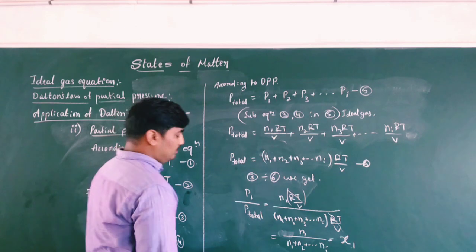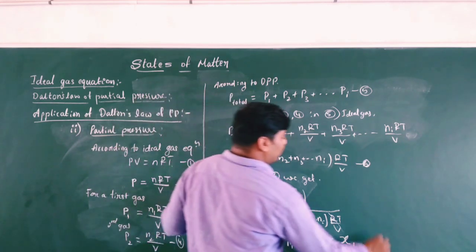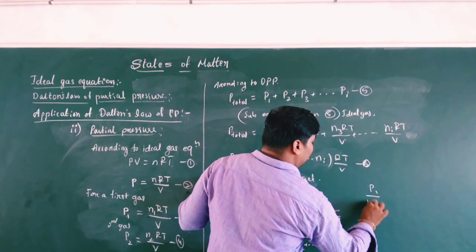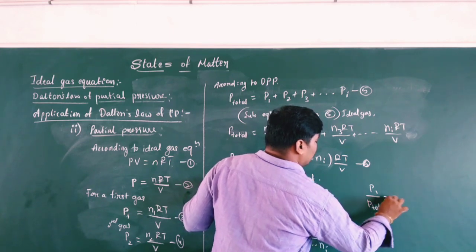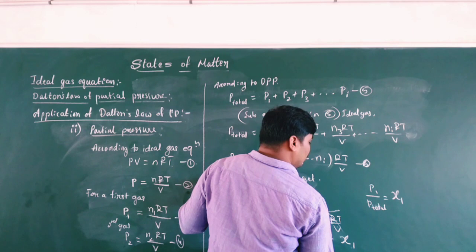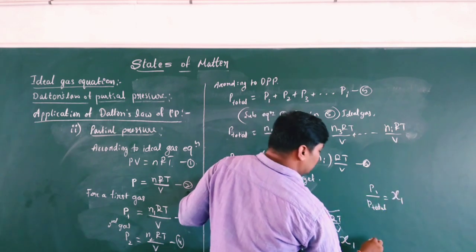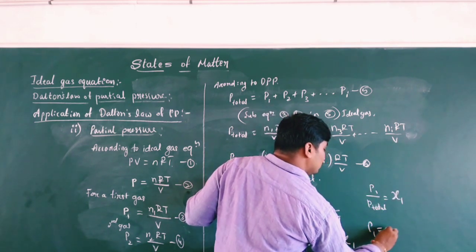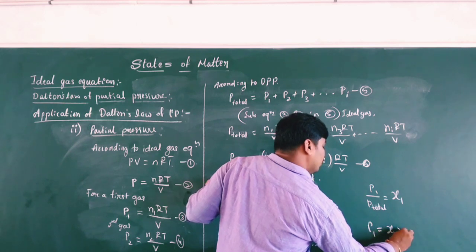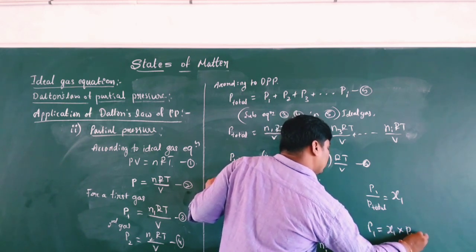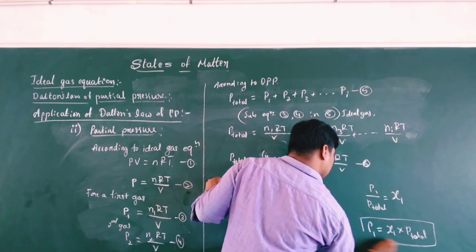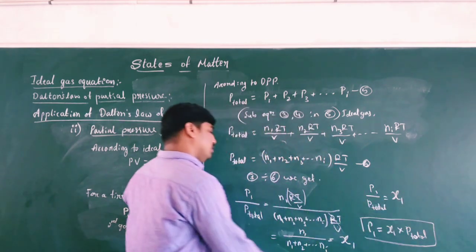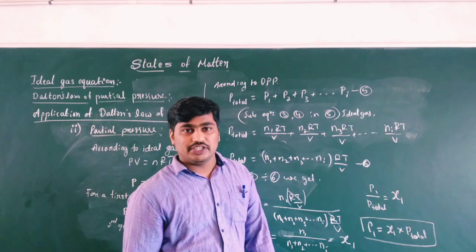So from this equation we get P1 divided by P total is equal to chi1. Rearranging, P1 is equal to chi1 into P total. This is the last equation from Dalton's law of partial pressure.